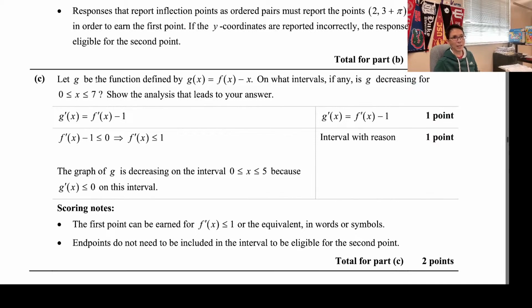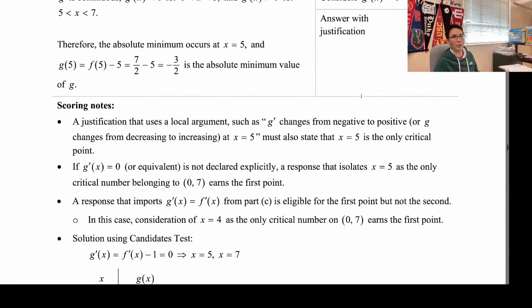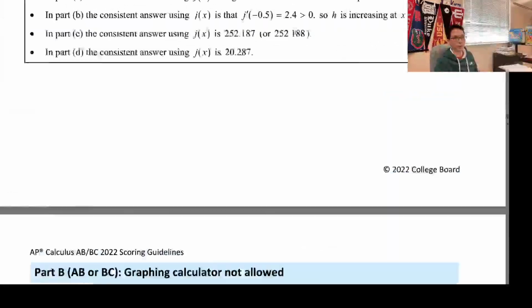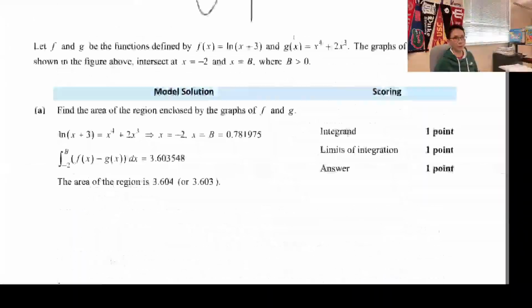They say, let g be a function defined by g of x equals f of x minus x. On the interval, g is decreasing. Sorry, not this one. They say for a function g, find the absolute minimum value. See the absolute minimum value? Table, right? Go back to the other question. Scroll all the way back to the second question.